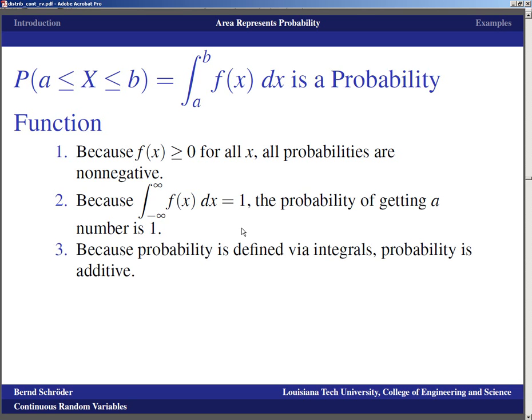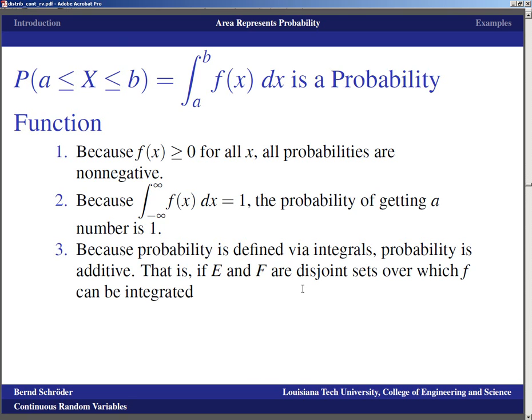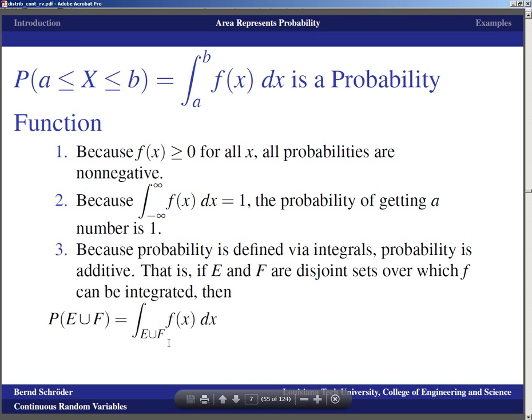And finally, the only other law that a probability function has to satisfy is that probability is additive, which basically means that when we've got two disjoint sets, E and F, over which the function can be integrated, then the probability of the union of these two sets is the integral of the function over the union of these two sets. Think of the union of two intervals that are disjoint or something like that.